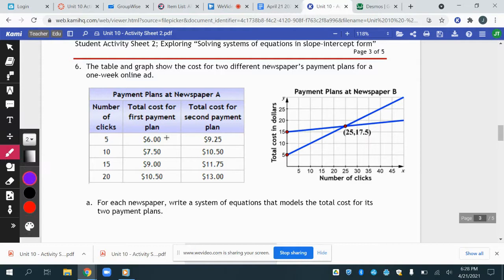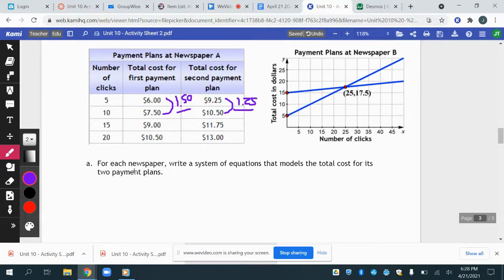So this goes up by $1.50. This goes up by $1.25. Right? So every time that we get 5 more clicks, this one costs 25 cents more than that one. So eventually, this one will be the more expensive one. It's not now, but eventually it will, because it charges more per click, per 5 clicks, right?